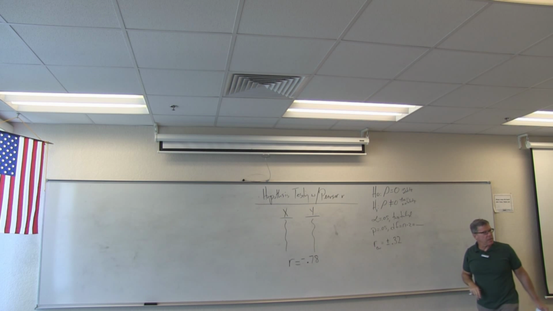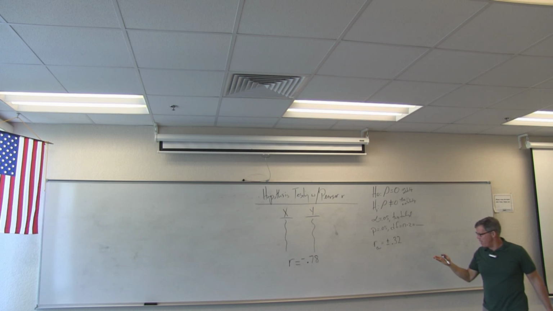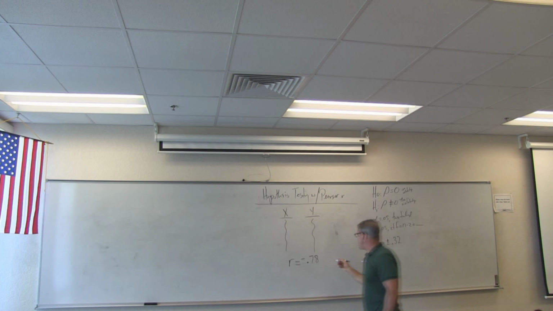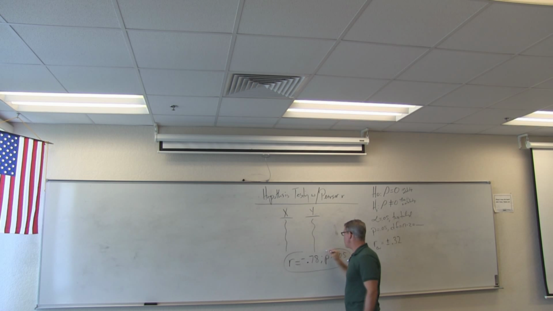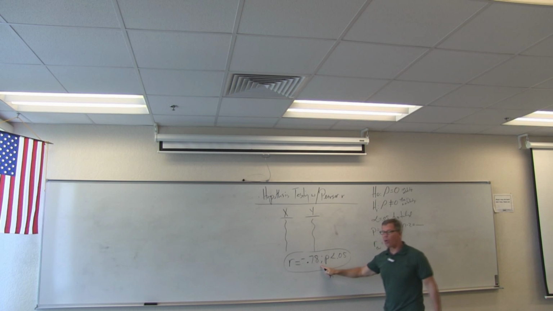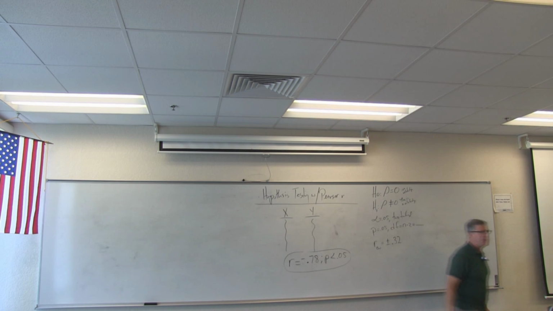So in the scientific literature, you see a lot of this. And so again, the notation would look like this: R equals negative 0.78; p is less than alpha, in this case 0.05.